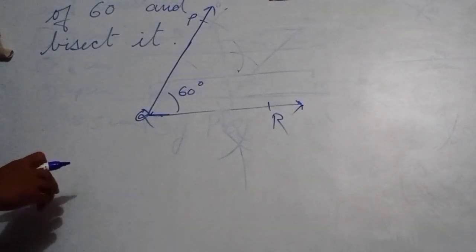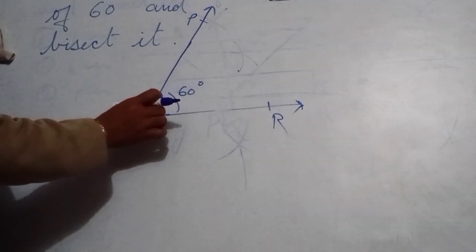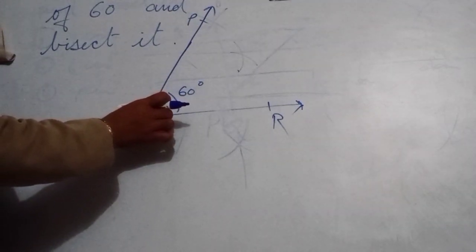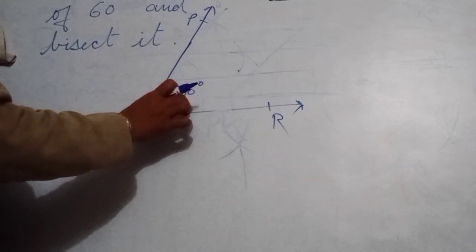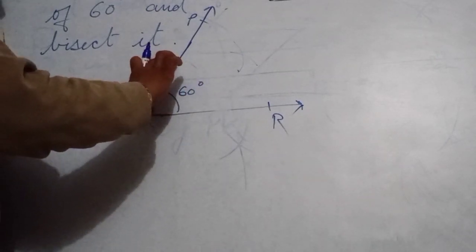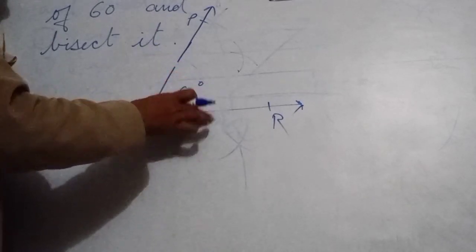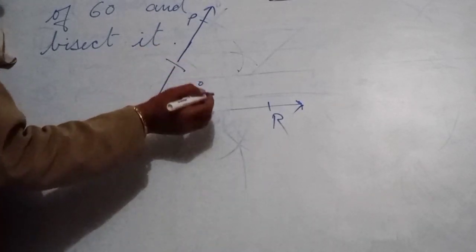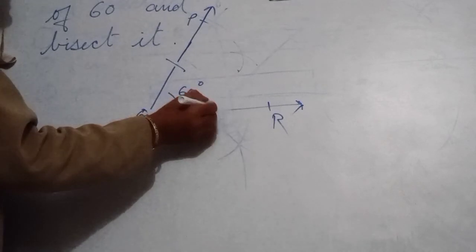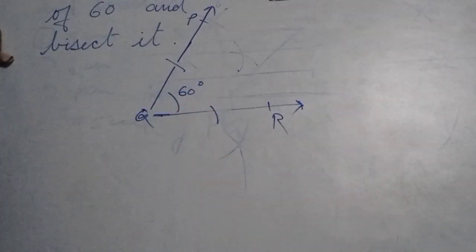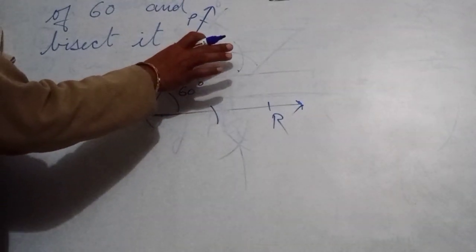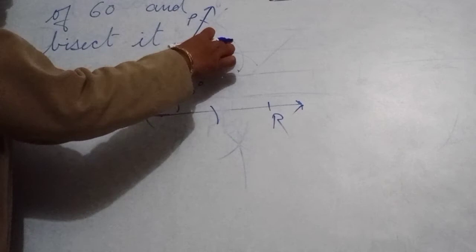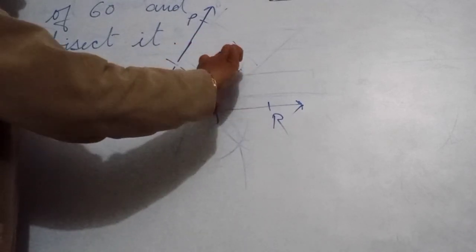What to do? Suppose Q is the center and take a sufficient distance in a chalk and draw the curve like this, which is cutting rays QP and QR. Now put the iron knock on the curve and draw with the chalk.